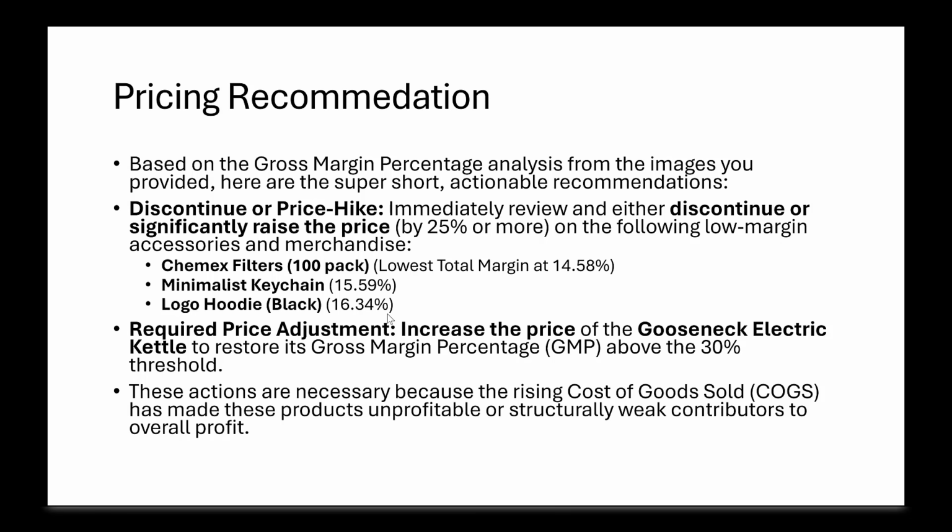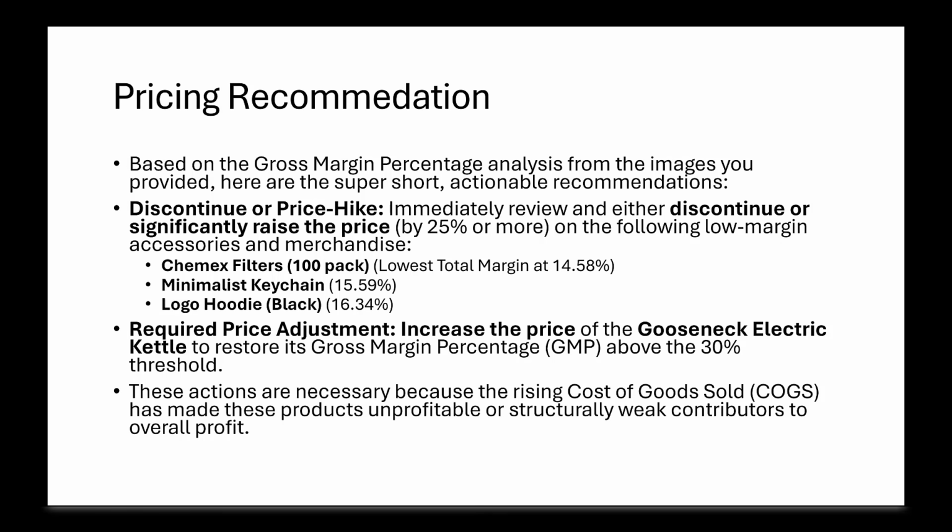The discontinue option will be left up to the company, but we have two levers that we can do because we know that margin is a function of COGS and price. So we want to raise our price because we have no control over the COGS unless we source a cheaper way to make it or discontinue it.